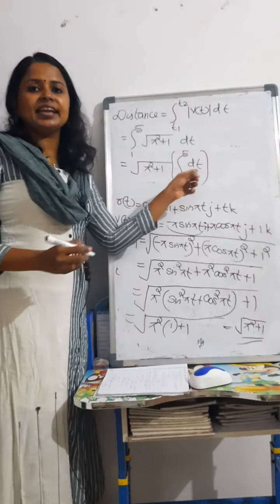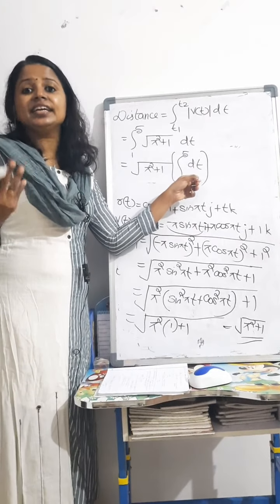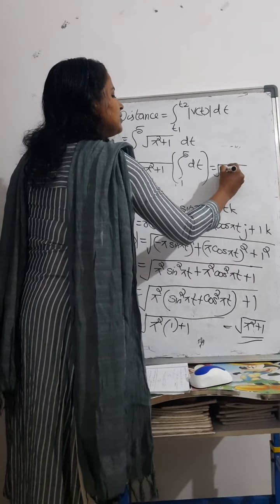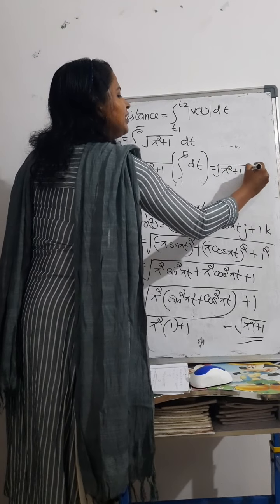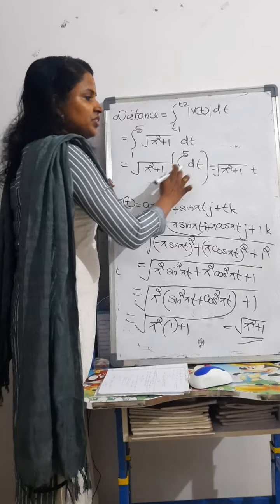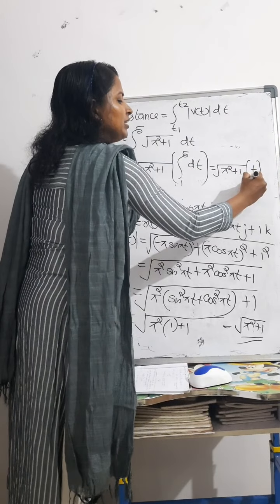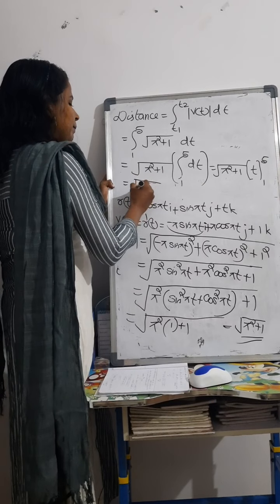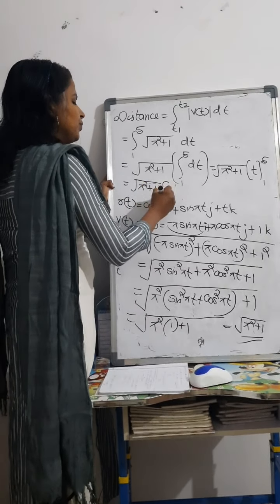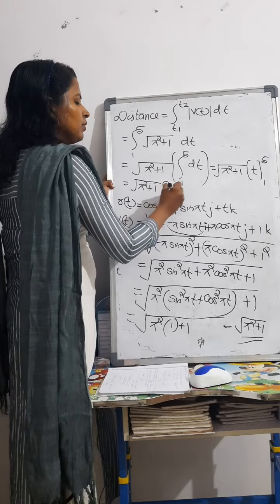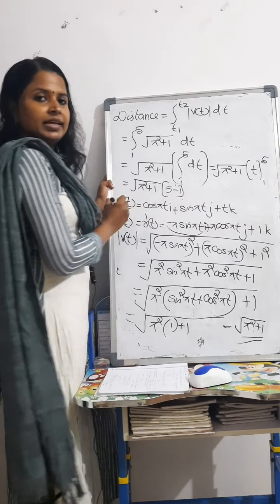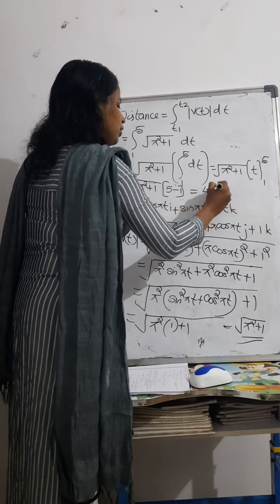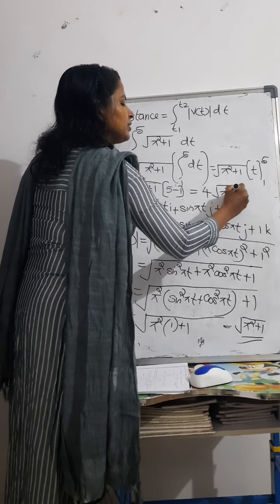What is the integral of dt? The integral of dt is t. That is equal to root of pi square plus 1 into t, where the limit is 1 to 5. That is root of pi square plus 1 into upper limit 5 minus lower limit 1, that is 5 minus 1, which is equal to 4 into root of pi square plus 1.